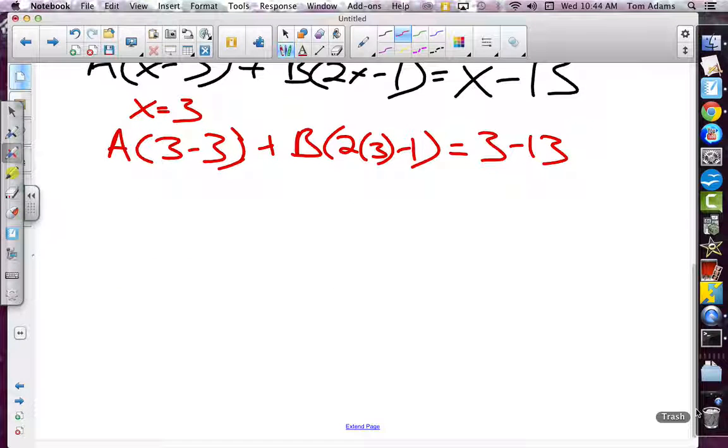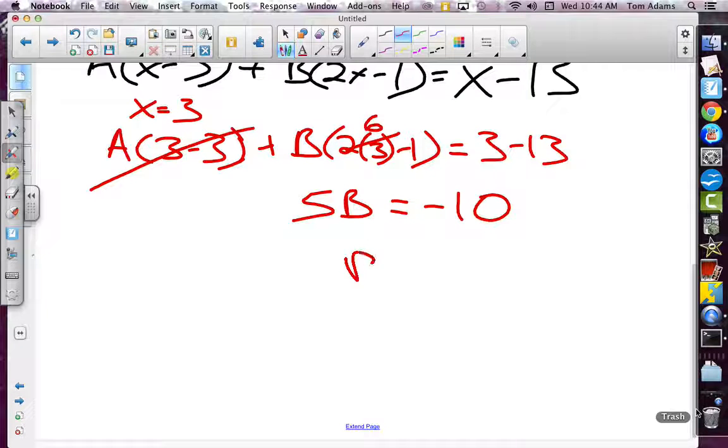Now, by letting x equal 3, this goes to 0, so this whole term goes away. And I've got 6 minus 1, which is 5, so I've got 5 times b is equal to negative 10, or b equals negative 2.